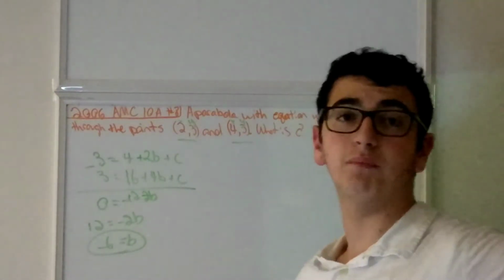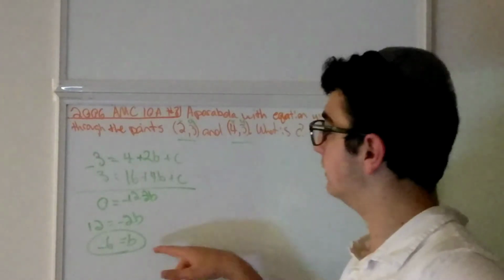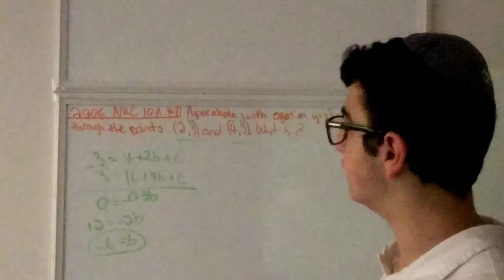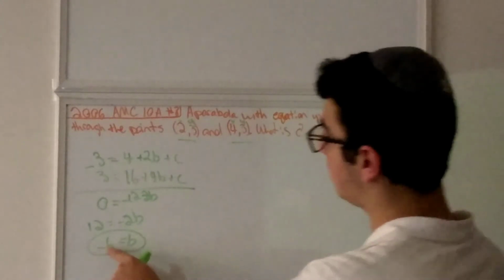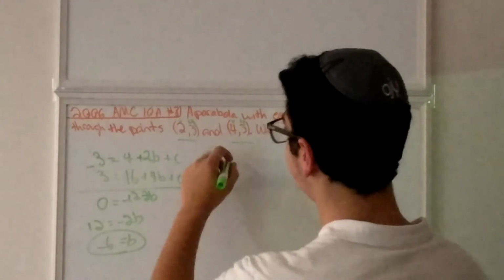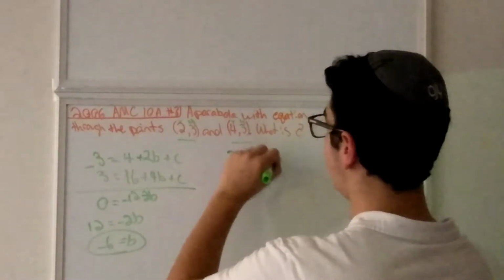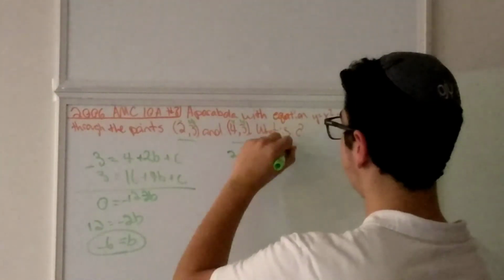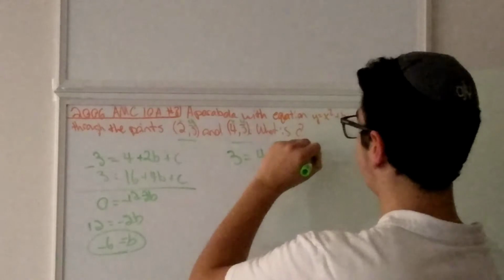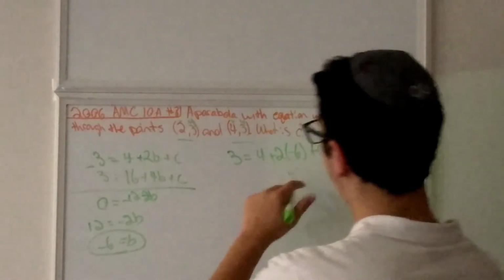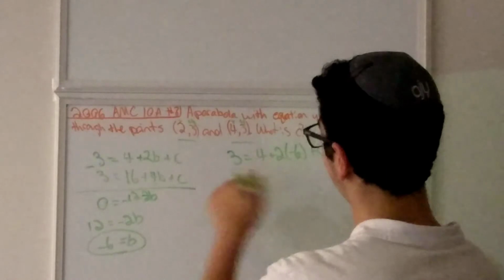So now I know this, I can just plug it into this equation here and find out what c is. And if you don't believe that it only works for this equation, you just try for this one, the second one right over here. So I plug in minus 6 over here. I say 3 is equal to 4 plus 2 times minus 6 plus c, and hold up.